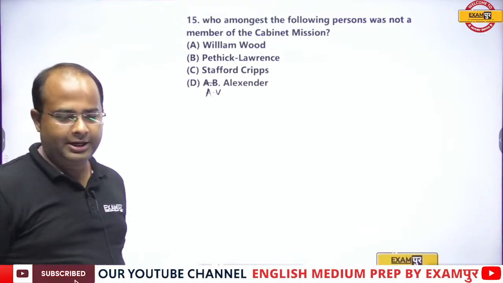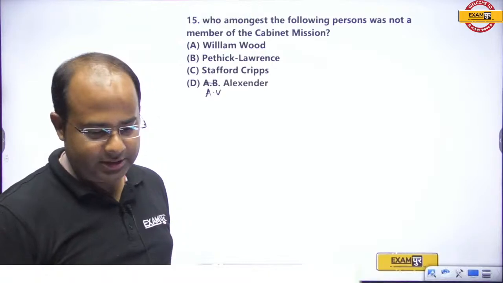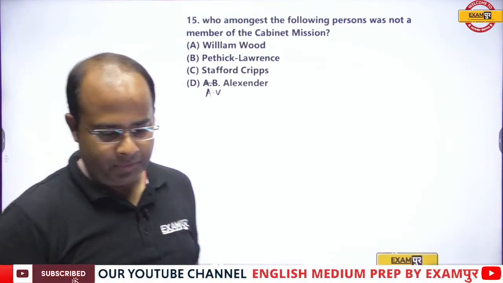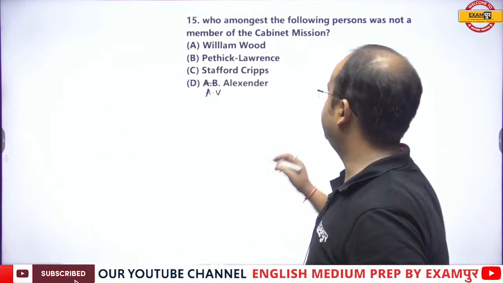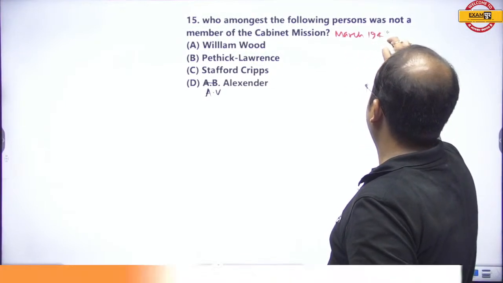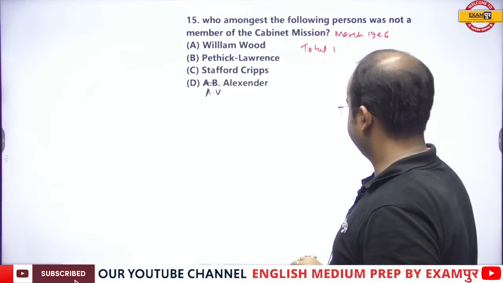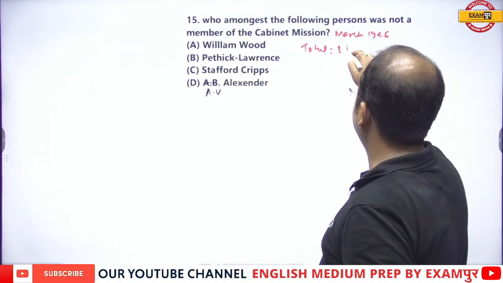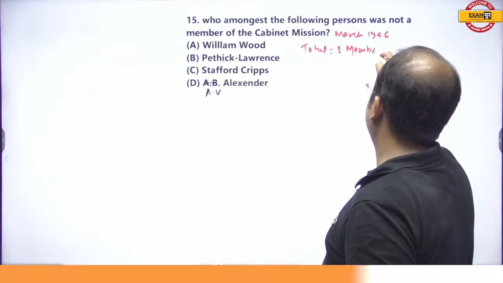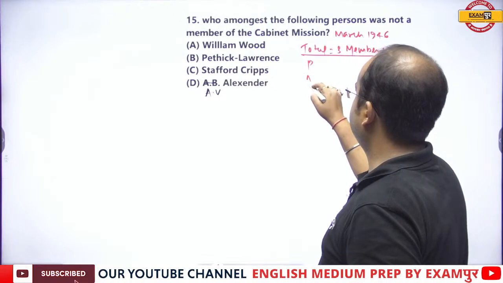Okay, let's see the correct answer, guys. Vijay is going with option D. Rest of the students, they are going with option A. Guys, cabinet mission came in March 1946. Total 3 members. That is PAC.